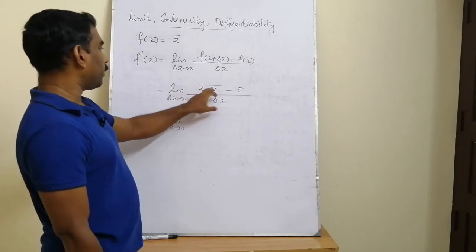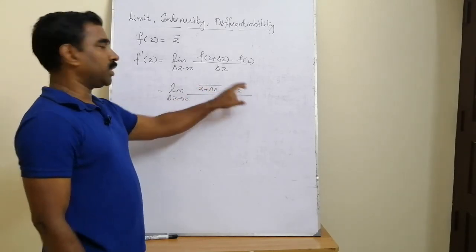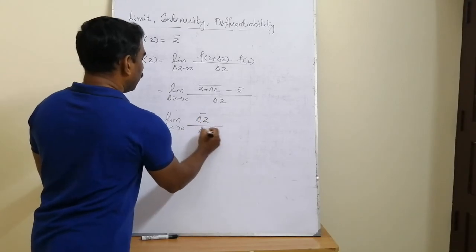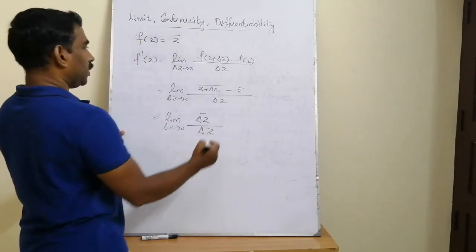Using the property of conjugate, this is [z̄ + Δz‾ − z̄]/Δz, so this becomes Δz‾/Δz.